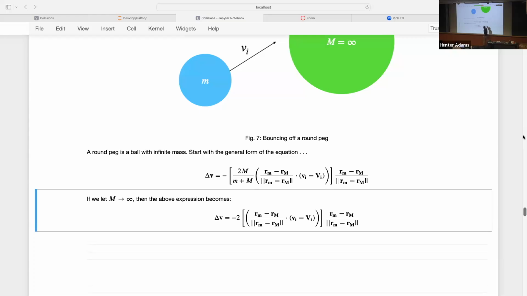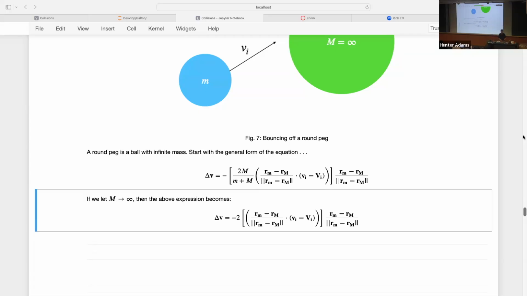So we end up with the following: minus 2 times the dot product between the unit vector that points from the big mass to the little mass, from the peg to the ball, that unit vector from peg to ball, center to center, dotted with the difference in initial velocities of the peg and ball, in the direction from the center of the peg to the center of the ball.